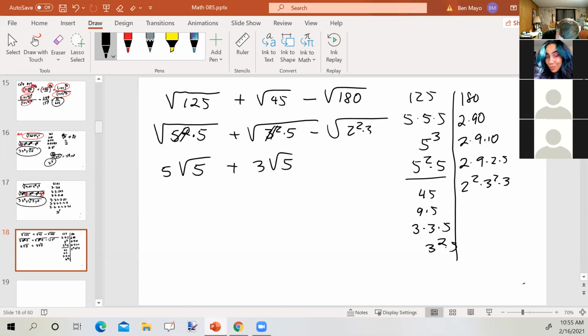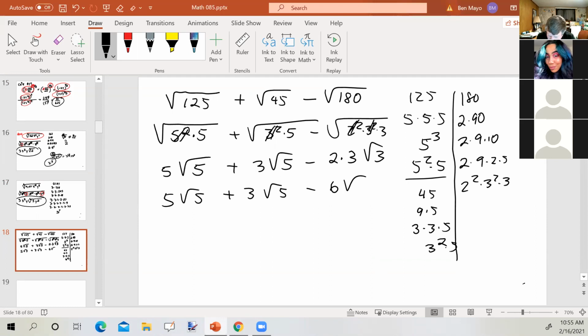So 2 squared, 3 squared times 3 minus the square root of 2 squared is 2 outside. The square root of 3 squared is 3 outside. So I've got 5 square roots of 5 plus 3 square roots of 5 minus 6, that is the 2 times 3, times the square root of, is that right? 3.